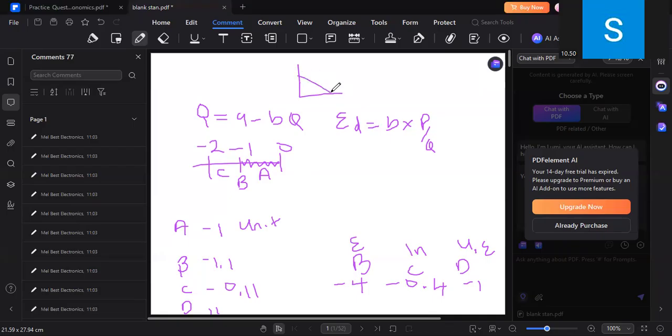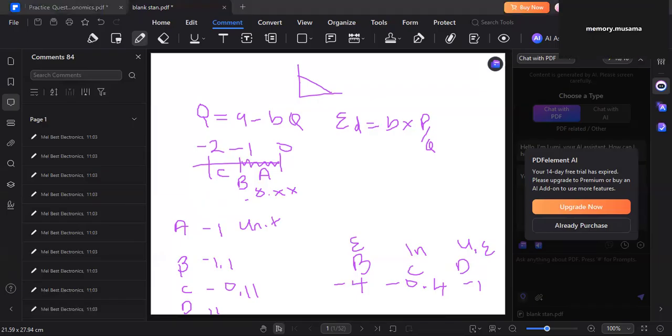So between -1 and 0, anything negative 0 point something is inelastic. If it's 1 point anything, 2 point anything, 3 point anything, 11 point anything, it's elastic because it's greater than 1. But exactly 1 is unit elastic. Is that clear? Yes.